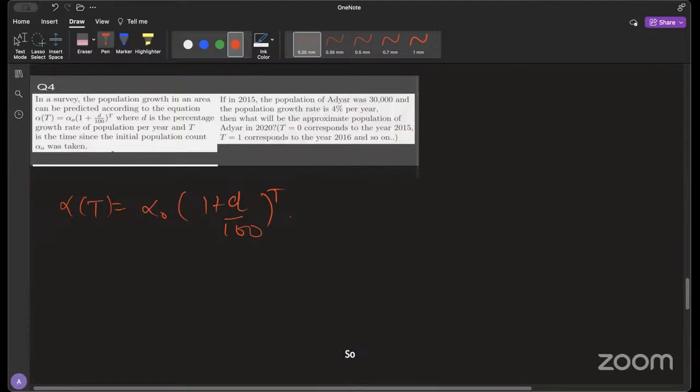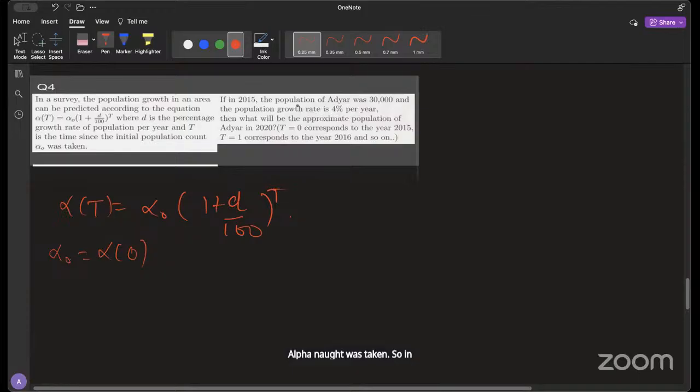Alpha naught is nothing but alpha when t is 0.